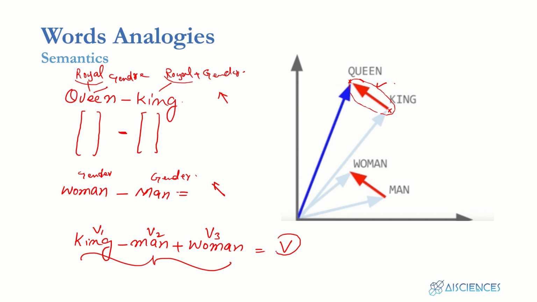If I want to find out v has similarity with what word in my embeddings, you will be astonished that most likely word might be queen, because if I subtract man from a king, gender is out, royalty left. If I add royalty to a woman, that becomes a queen.